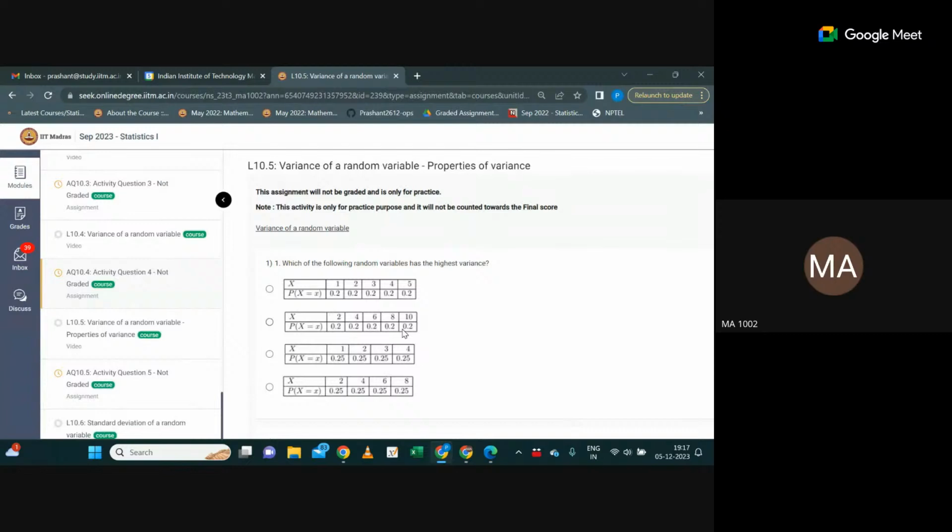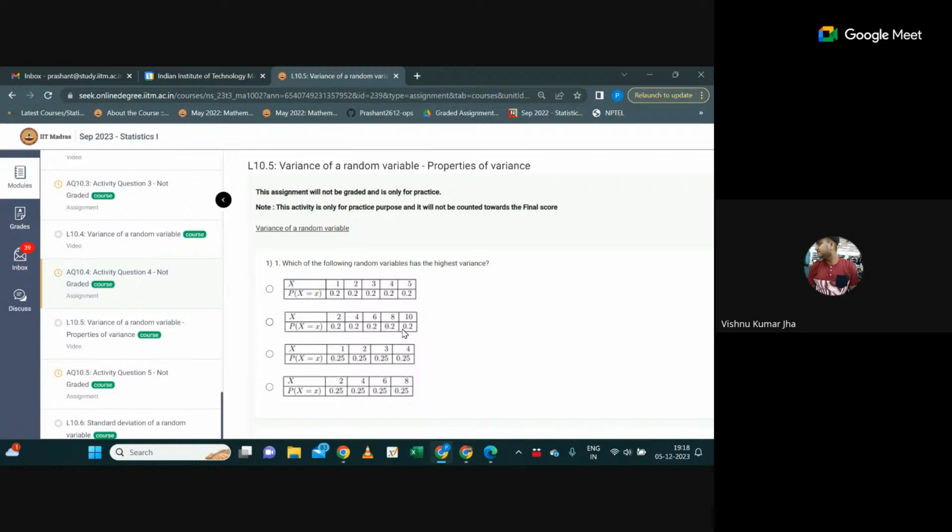What about question number first? Anyone can tell me which random variable has the highest variance. Whether you will calculate the variance for all four options or do something else? We can take PMF equal to 1, then calculate.